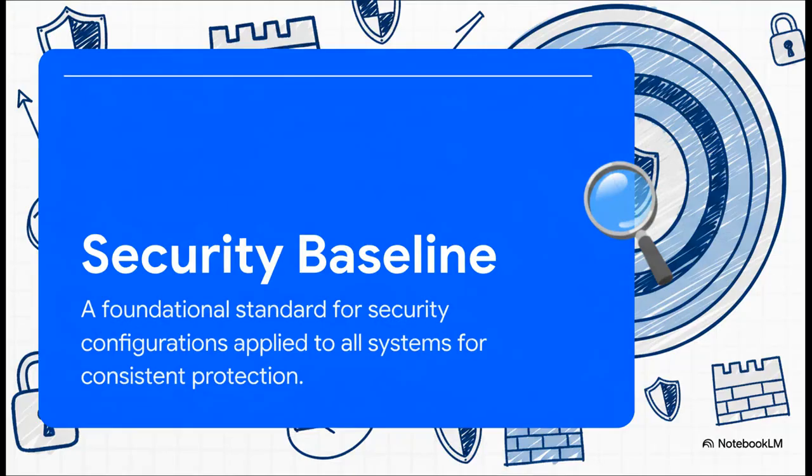A security baseline is basically your non-negotiable rulebook. It's the absolute minimum standard of security that every single computer, every server, every device in the whole organization has to meet, no exceptions. This makes sure you don't have any obvious weak spots, and it creates a really consistent, predictable defense.